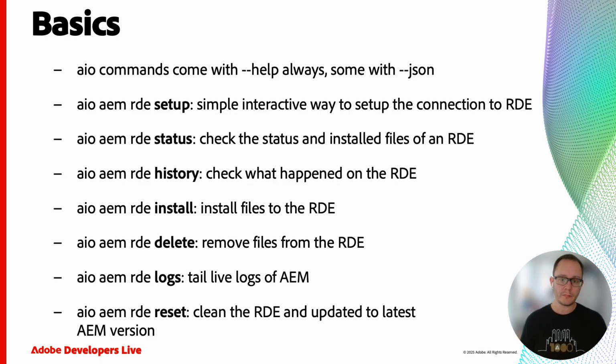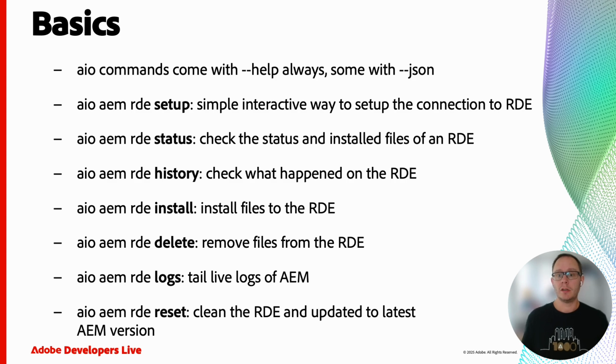Then history. Obviously, if you install or delete files, you leave a trace of a history. The history basically just shows you what you have done, what files you have installed, what you have removed, and gives you an idea of what was deployed, alongside with error messages, for example.